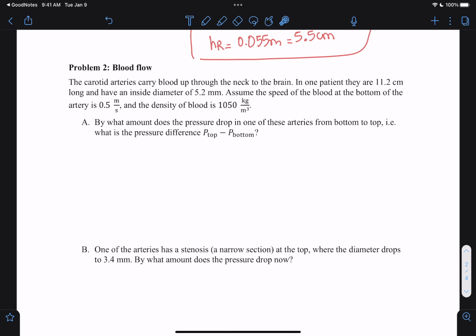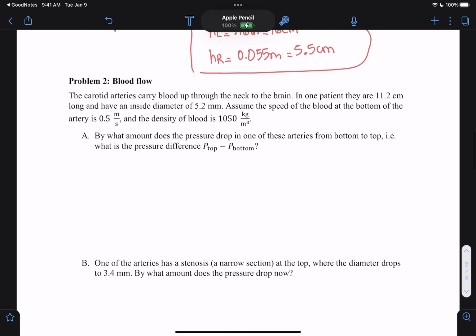Okay, cool. Now for problem 2, let's move on to that one. It's blood flow. It says the carotid arteries carry blood up through the neck to the brain. In one patient, they are 11.2 centimeters long and have an inside diameter of 5.2 millimeters. Assume the speed of the blood at the bottom of the artery is 0.5 meters per second, and the density of blood is 1,050 kilograms per meter cubed.